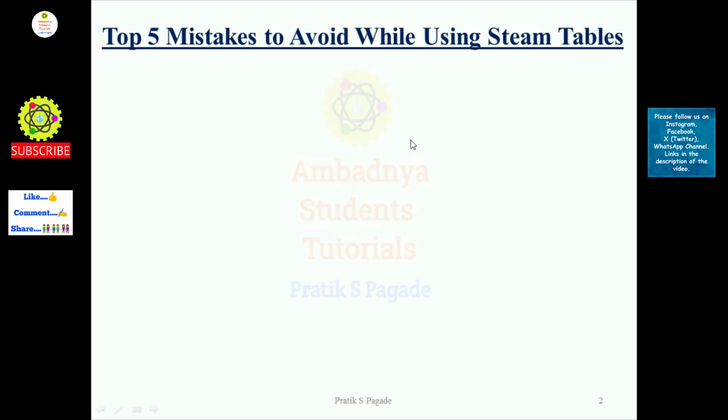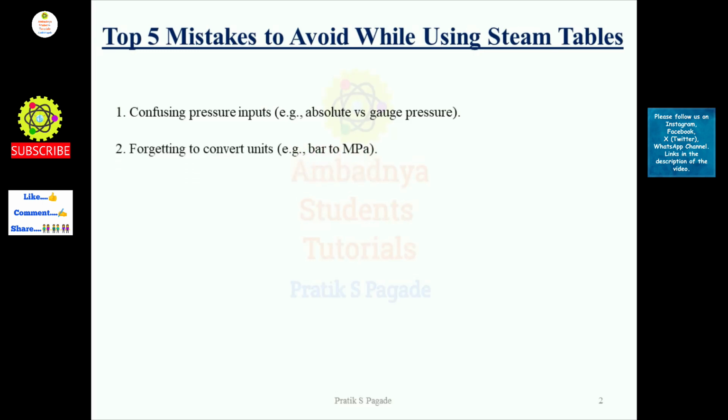We will first list out what those 5 common mistakes are. First mistake is confusing pressure inputs, that is between absolute pressure and gauge pressure. Second is forgetting to convert units, that is bar to MPa, megapascal.